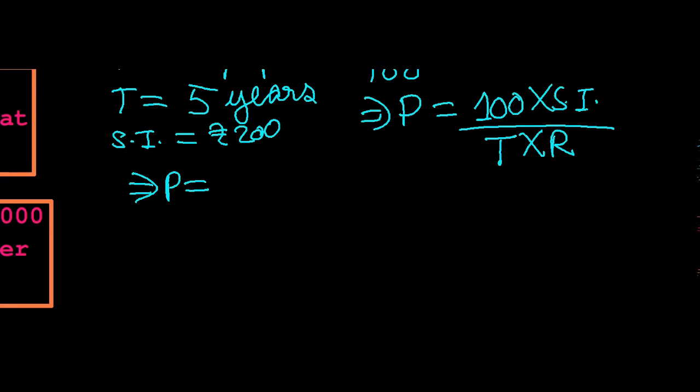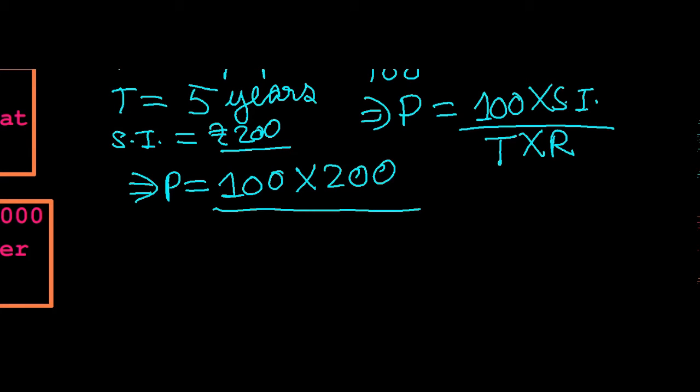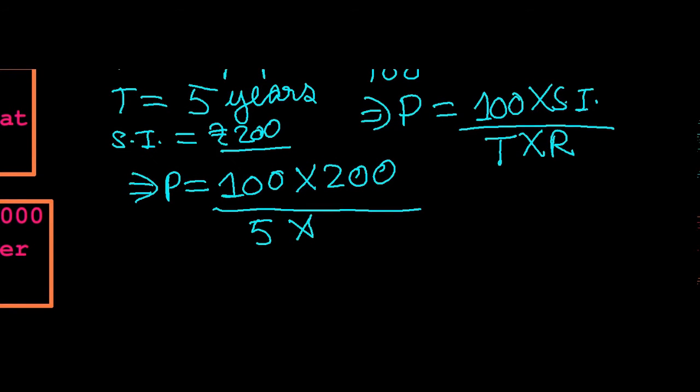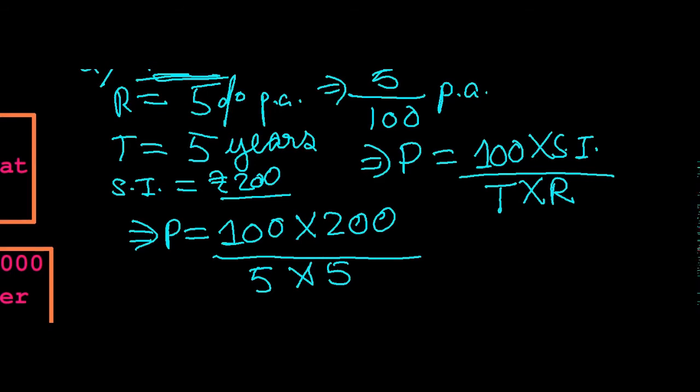So P is equal to 100 into SI, which is 200 here, by T into R. The T is 5 and R is 5. The rate is 5%. For the percent, the 100 is already written here. This 100 which you can see, it's this one.